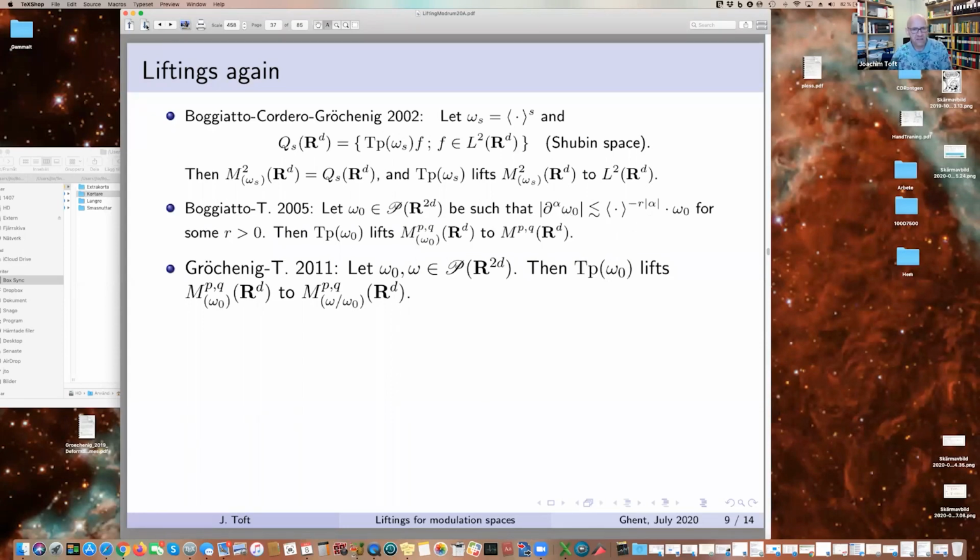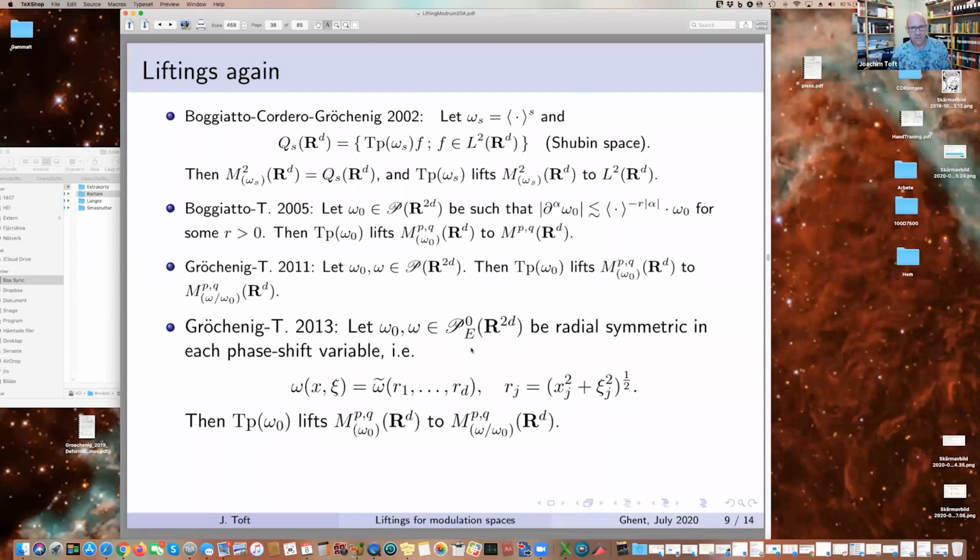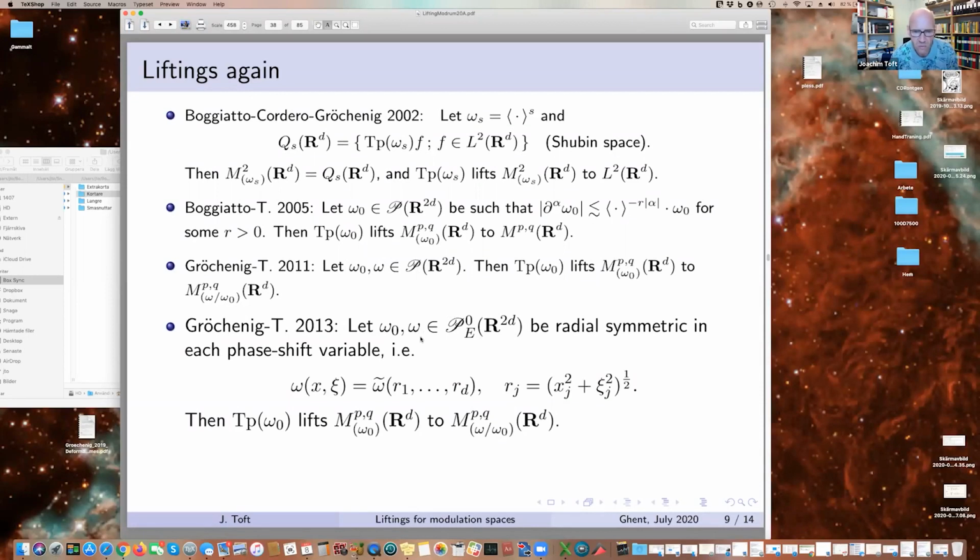And at the same time, we found another type of lifting property, actually taking the theory also into ultra-modulation spaces, with modulation spaces now outside the usual distribution theory. So we have now symbols in P_E^0 here instead of P. This means that our weights are able to grow or decay sub-exponentially.